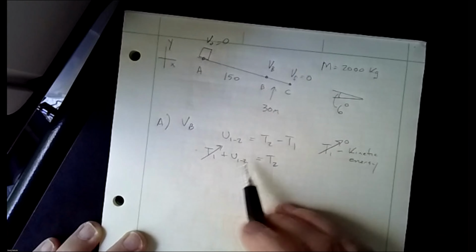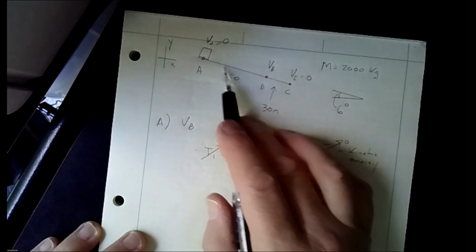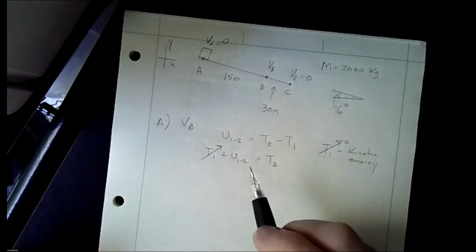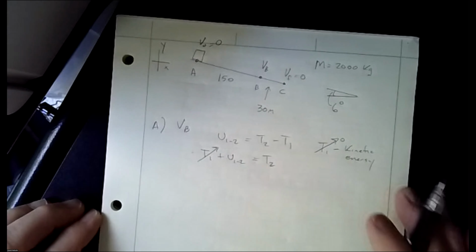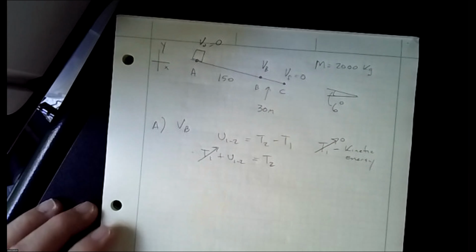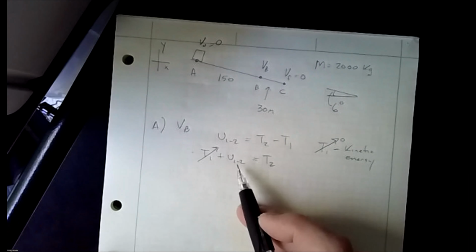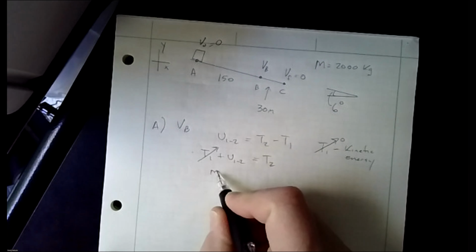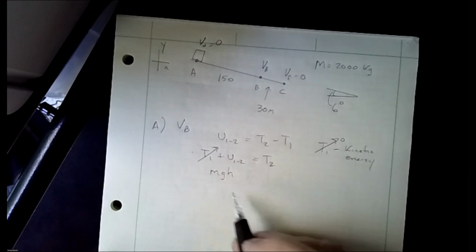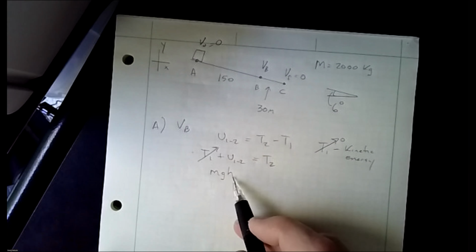If we think about it, we're assuming when we're rolling there's no rolling friction. It's just change in potential energy that has to equal kinetic energy. We know that we're going downhill, so it's mgh, mass times gravity times h.